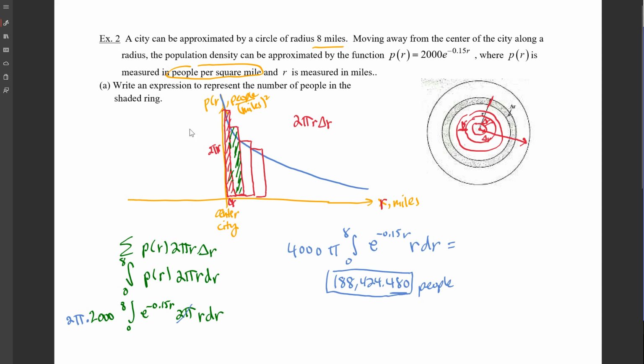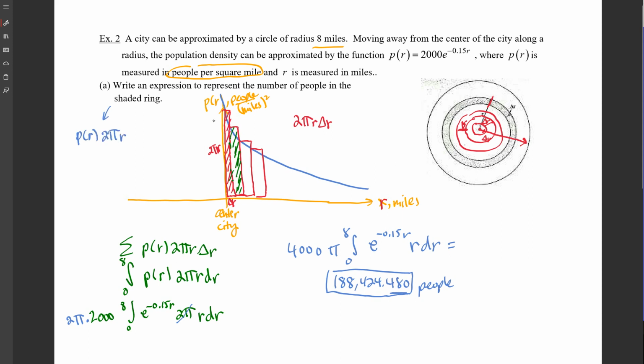All right. Write an expression to represent the number of people in the shaded ring. Let's just talk about that answer. One of these shaded rings was, remember, the area of this rectangle times P(r), because one of these shaded rings is one of these rectangles, right? So let me just answer letter A. Letter A here is going to be P(r), the population density, times the area of one of these rectangles.